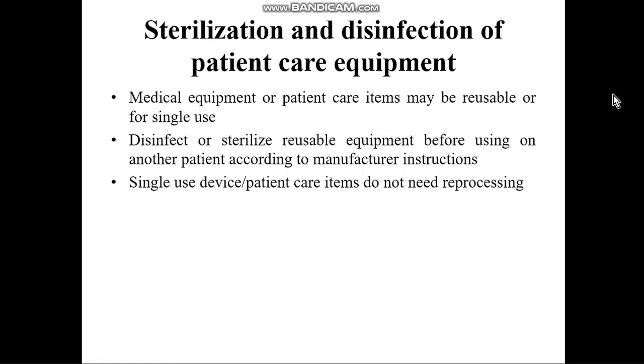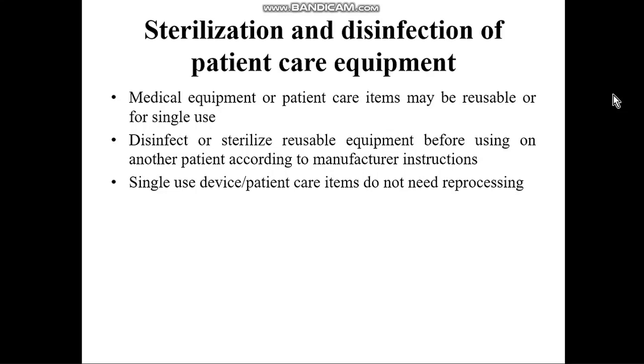So next is sterilization and disinfection of patient care equipment. Medical equipment or patient care items may be reusable or of single use. Whenever the medical equipment or patient care items are reusable, disinfection or sterilization of these before using on another patient, according to the manufacturer's instruction, is strongly recommended.